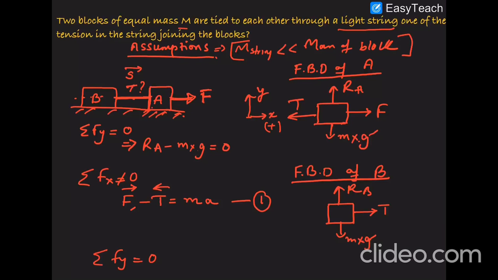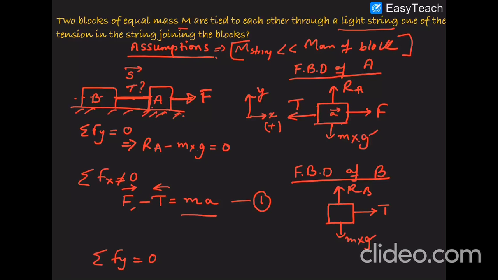But these two forces acting on the body are responsible for an acceleration. So the net force, due to the force and the tension, will bring about an acceleration in the body. That will be equal to m into a, that is the acceleration of this system with which it is moving.